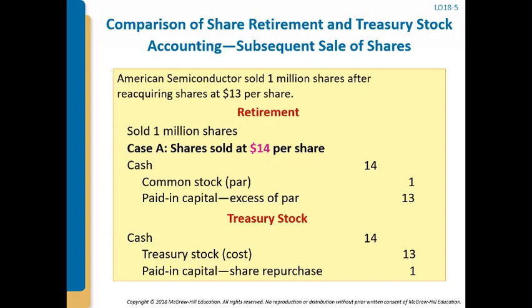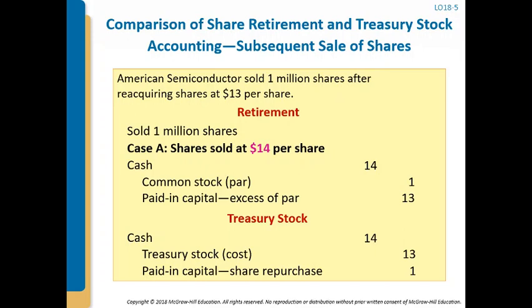And so here in this example, we sell shares for $14 per share. In that first example, you have shares that were retired, and so you treat that just like you would any other share. Here we had 1 million shares sold when its common stock par value was $1 per share, and so you book common stock par value for 1 million shares.